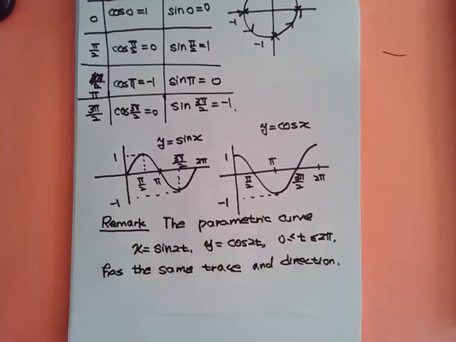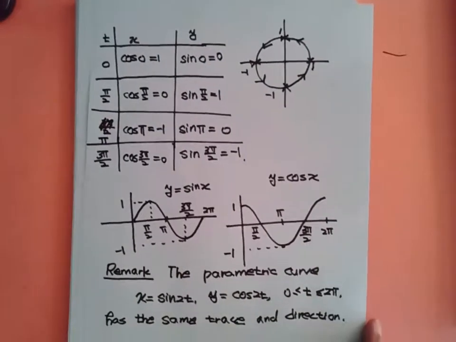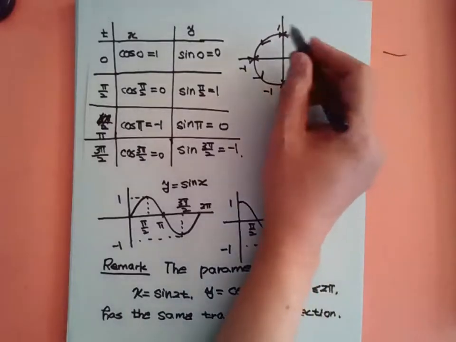The reason is obvious because when we think about the Pythagorean formula, as long as these angles are the same, we can apply the Pythagorean formula. So it will satisfy the same Pythagorean formula. And so we will have x squared plus y squared equals 1. That means the trace of this curve is the same as this one.